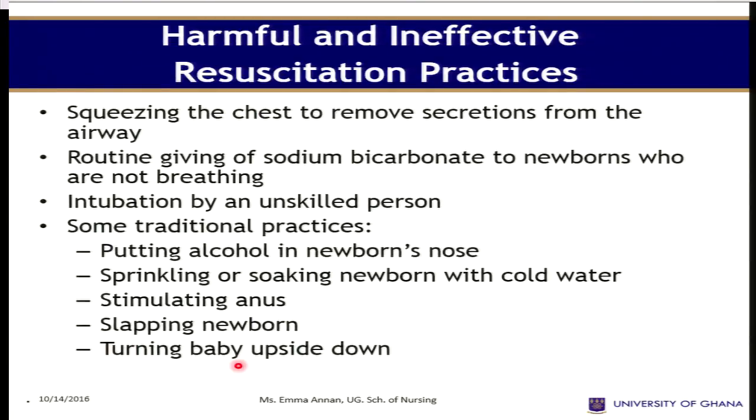Some traditional practices put alcohol in the newborn's nose, or sprinkle or soak the newborn with cold water. It shouldn't be done. The baby can go into hypothermia. They also stimulate the anus, slap the newborn, and turn the baby upside down.